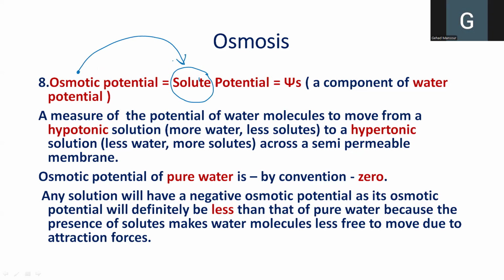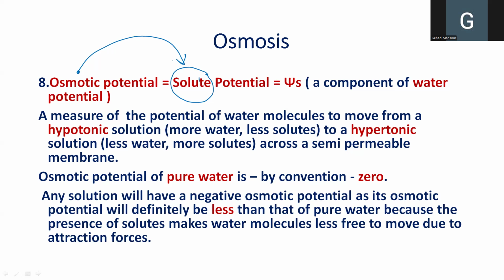So it is solute potential because it is related to the ability of the solid particles. The ability of the solid particles to do what? To be a trigger for water to move by osmosis from one side of the container or from one solution to another. And we will be explaining this in detail.